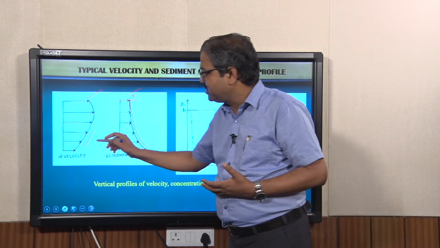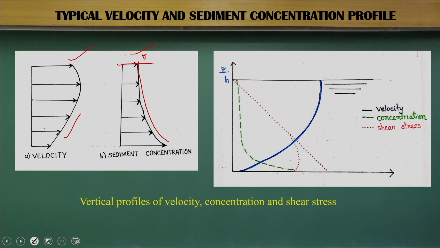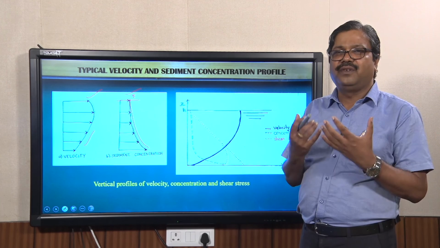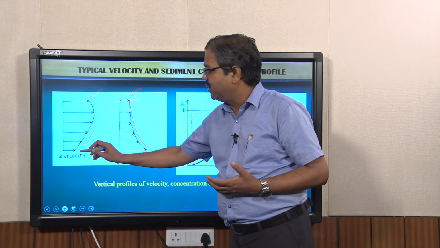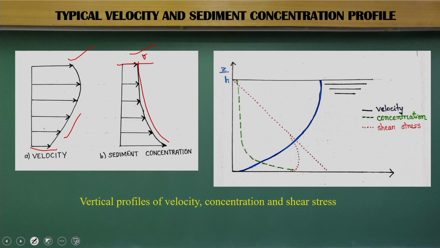The velocity distribution with respect to depth, they assume, varies logarithmically from the bottom to the free surface zone. The suspended sediment concentration varies by exponential decay from the free surface to the bed. But that doesn't happen in a complex river like the Brahmaputra.